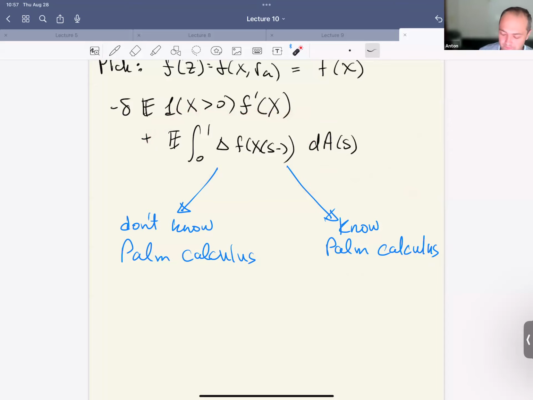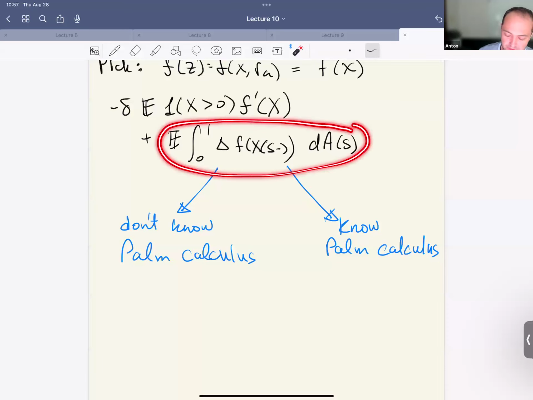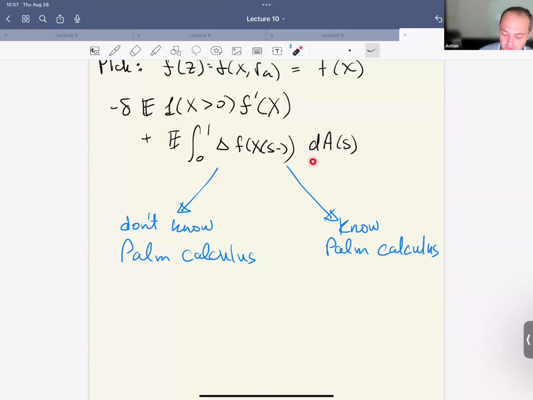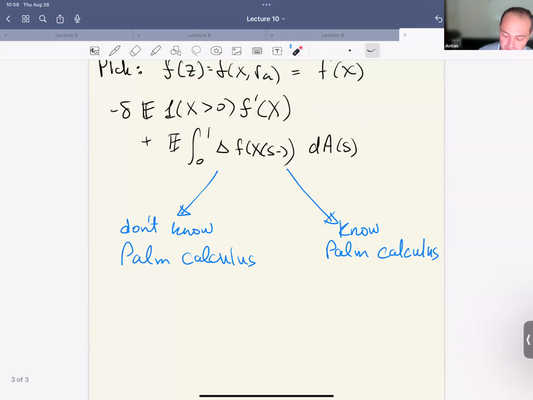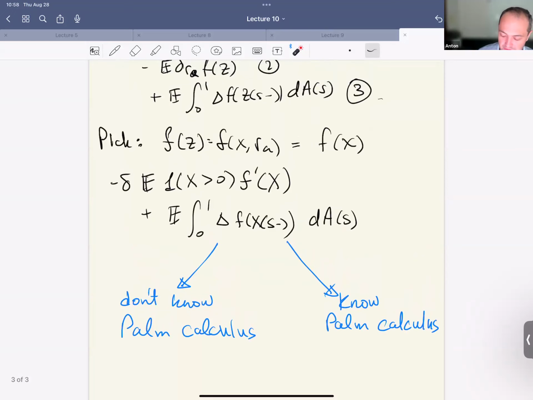And I can take that Palm expectation and crank it through some well-known machinery, if you know Palm calculus, and you can express this object, the expectation with respect to event times, as the more familiar object of the expectation with respect to time averages.